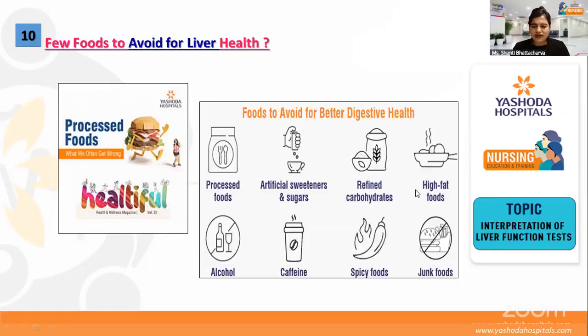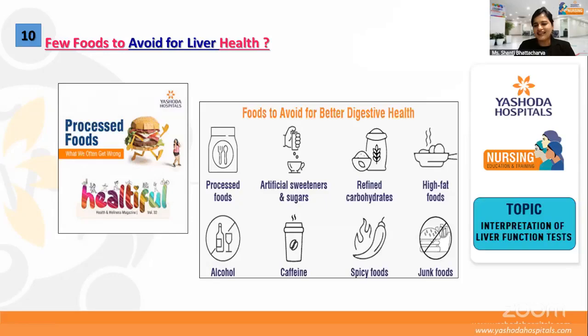Nowadays whoever comes for ultrasound, everywhere they find grade 1 fatty liver disease, and it is very common, almost 90% of patients. But if it is in the initial stages, nothing to worry. But they have to be careful, and all these foods we have to avoid, like fast foods, burgers, cheese, and processed foods, artificial sweeteners and sugars, refined carbohydrates, any packed foods.